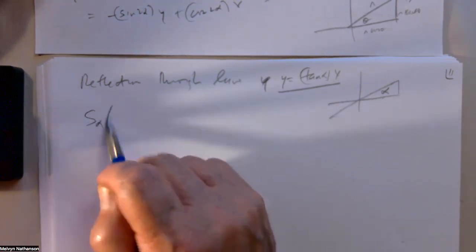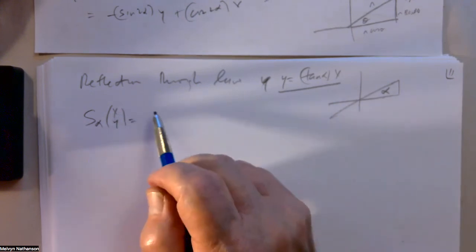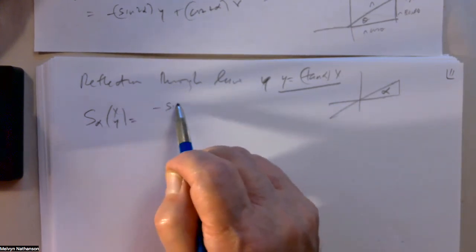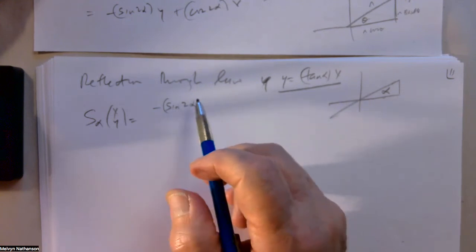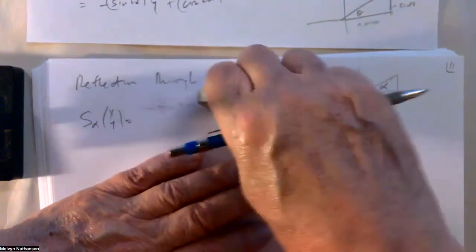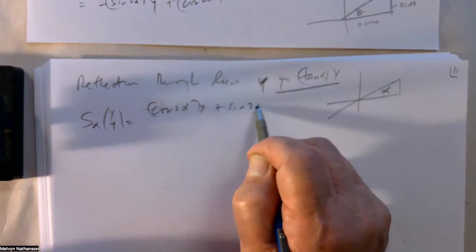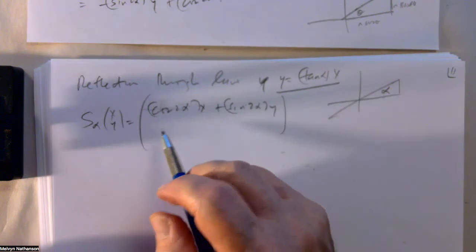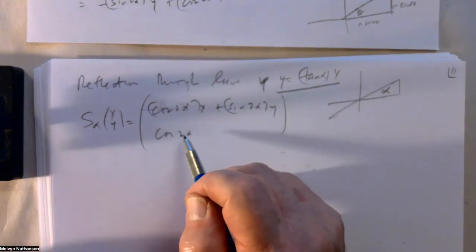So S alpha of xy is equal to cosine 2 alpha x plus sine 2 alpha y, cosine 2 alpha.